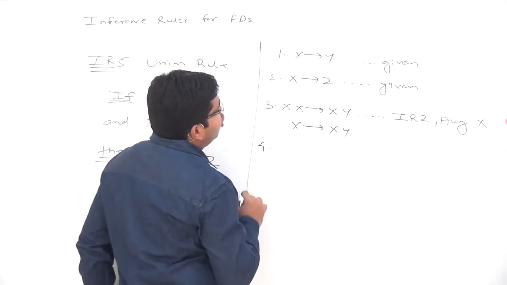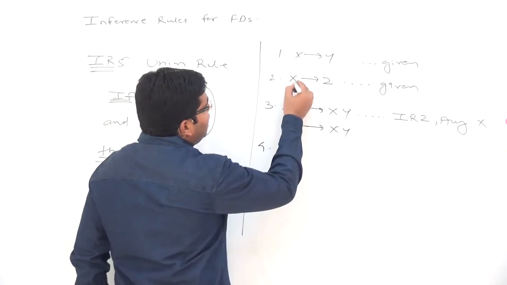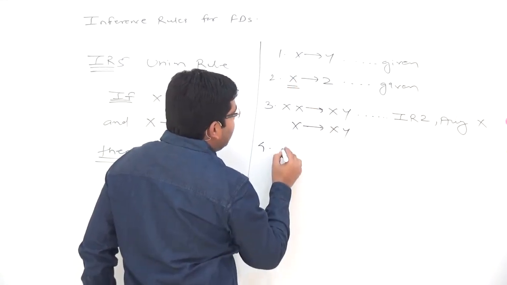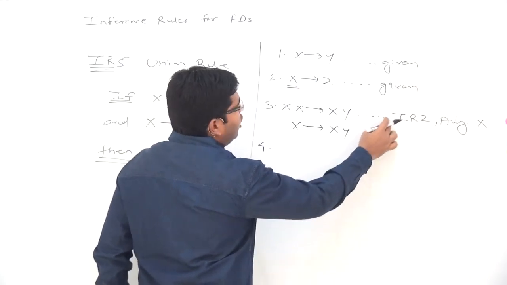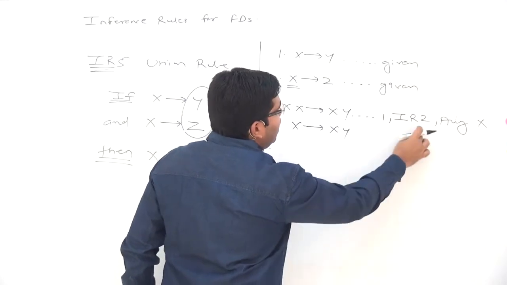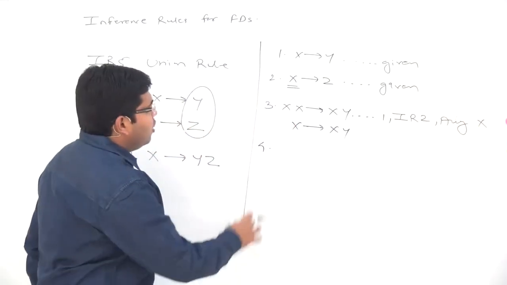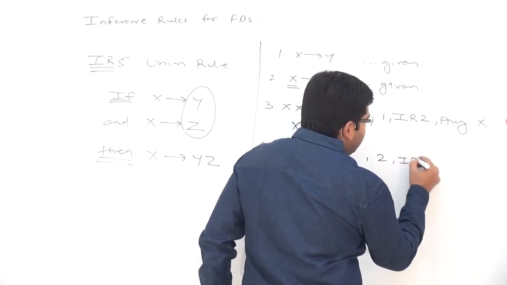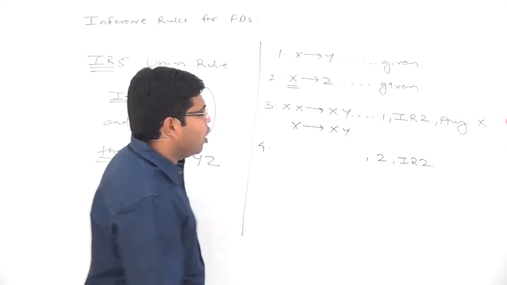Now fourth, here we will augment with y on both the sides. Here we have not mentioned the FD that we augmented. Here we are augmenting 1. So 1, IR2, augmentation with x. Now in 4, what will we do? We will take the second statement. We will apply the augmentation rule and we will augment with y.